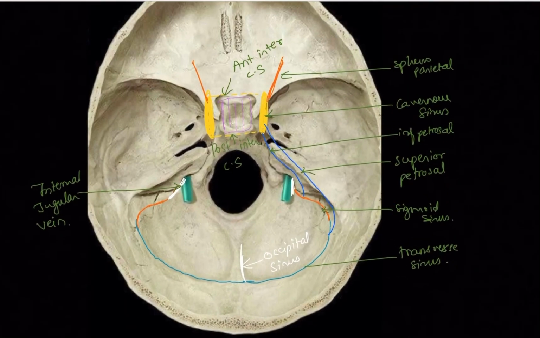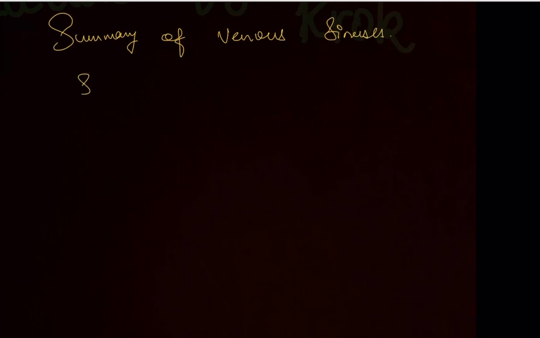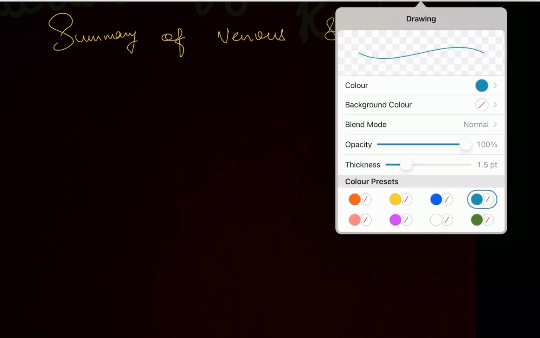Let's do the review part of it. The flow chart. Very easy. So this is the summary of venous sinuses. So you have superior sagittal sinus. I'll start with a different color.